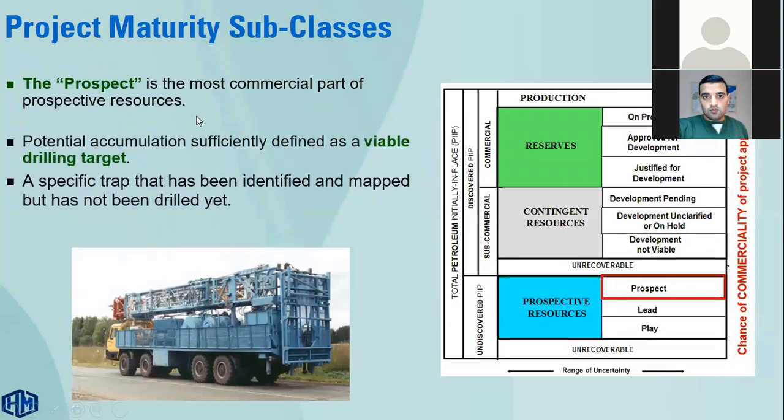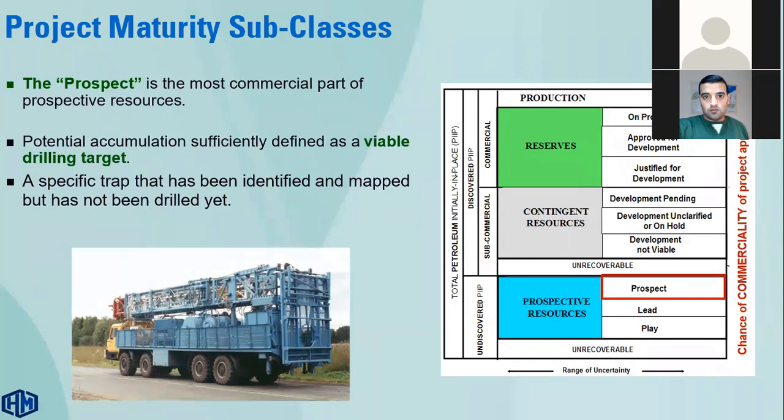We have different project maturity subclasses. You can see we have prospective resources, contingent resources, and reserve. It's important to know the subclasses of the prospective resources. We have play, lead, and prospect. The most important term in these subclasses is the prospect. Prospect, by definition, is the most mature part of the prospective resources.